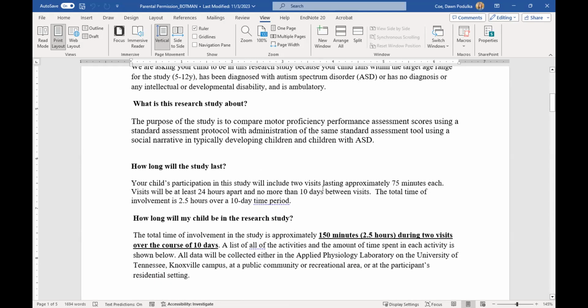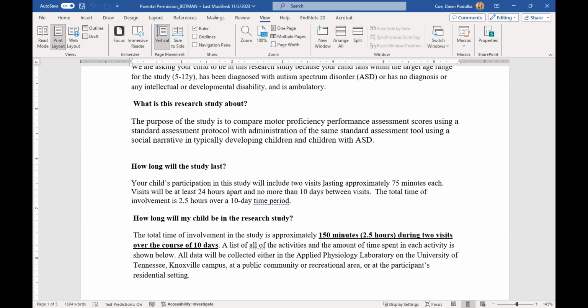Part of the ethical administration of a protocol is making sure that you don't waste people's time. So we're going to do 2 visits, approximately 75 minutes each. Based on my work with kids with disabilities and this particular assessment, it can take kids up to an hour to do this assessment.